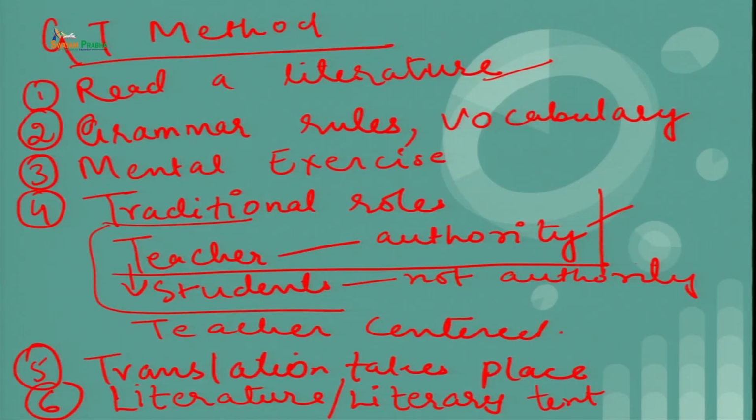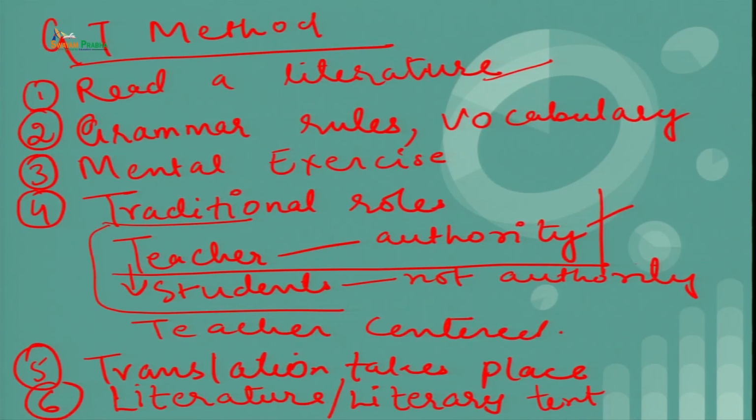In the principles we studied, the role of the teacher is the main one, and the meaning of the target language is made clear by translating into the student's native language. So the language used in class is mostly the student's native language.